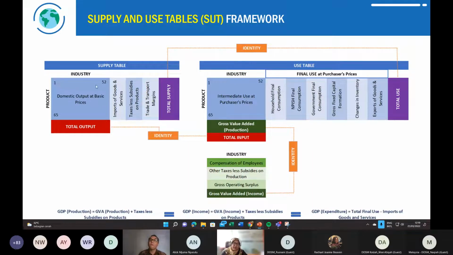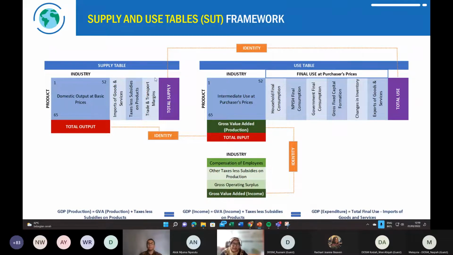The number of columns is different from the number of rows, because in the SUT framework we use industry classification in columns and product classification in rows.